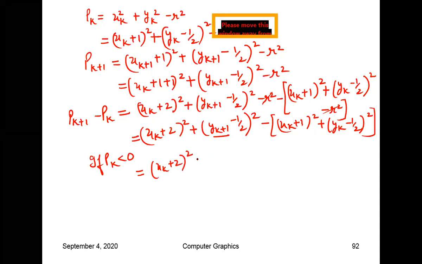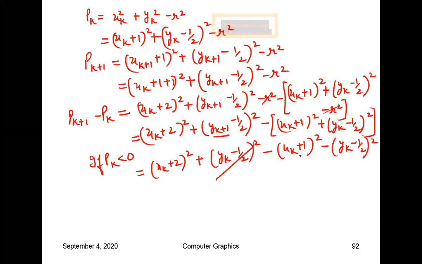and this yk plus 1 will remain yk, and this will be yk minus 1 by 2 whole square, and this will be xk plus 1 whole square minus yk minus 1 by 2 whole square. So this whole thing gets cancelled.